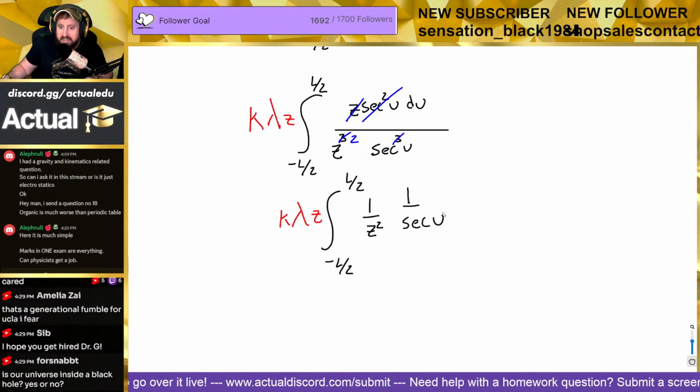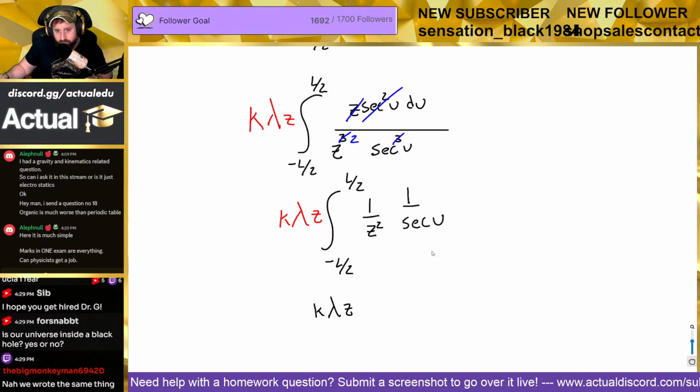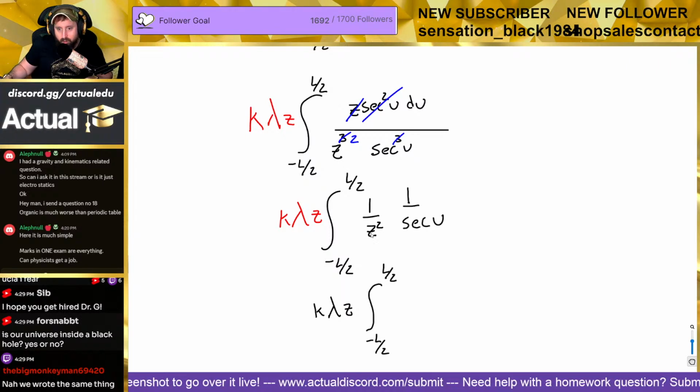Okay. But then secant of u is just cosine. So this is k lambda z, integral from negative L over 2 to L over 2. Oh, and this is going to get a 1 over z. Here, let me put this in colors. Someone's going to get mad at me that I didn't put the du.